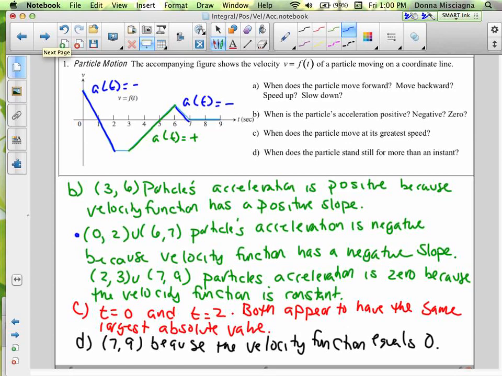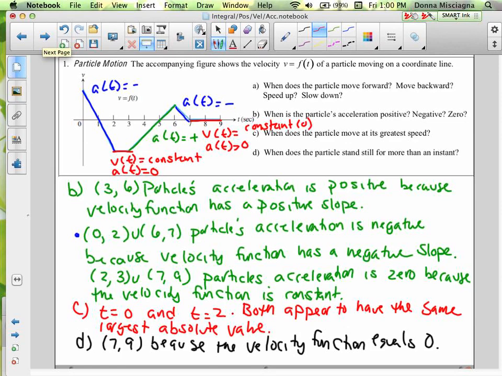And then from here again, like I said, your v of t is constant, so your a of t is 0. And again, here too, v of t is constant and 0, so a of t is also 0 there.